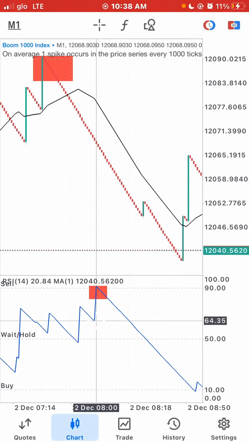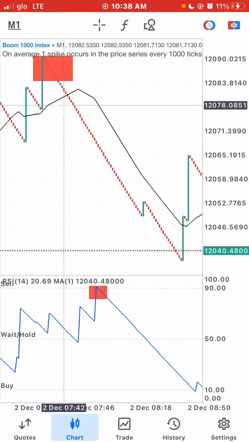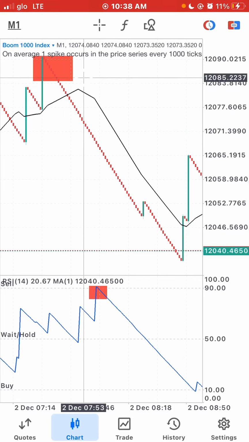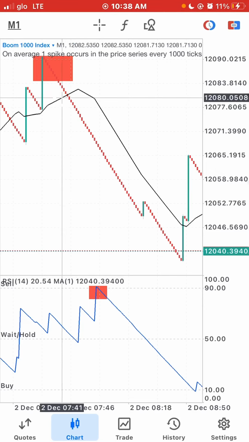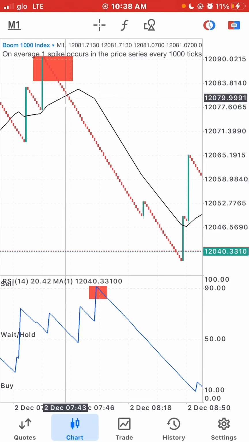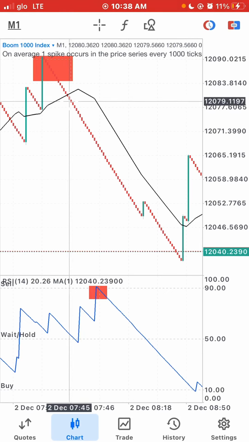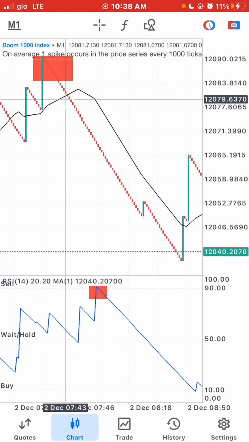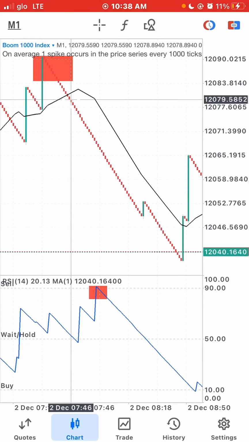So when your moving average gets to level 90, you also have to wait for price to come and cross this indicator here. As soon as that first candle closes below the indicator, you have to wait for the second candle to also close below the indicator before you place a sell trade.